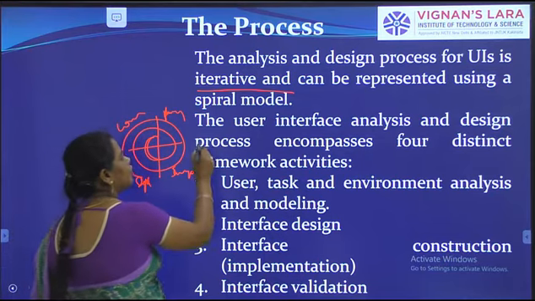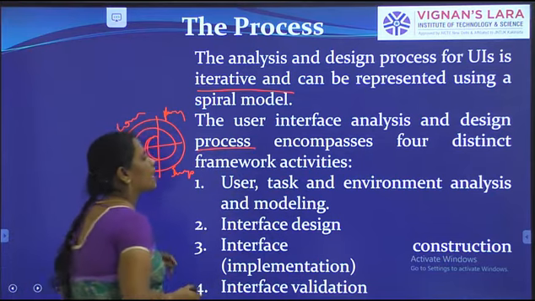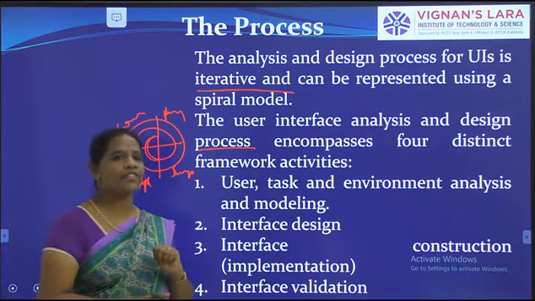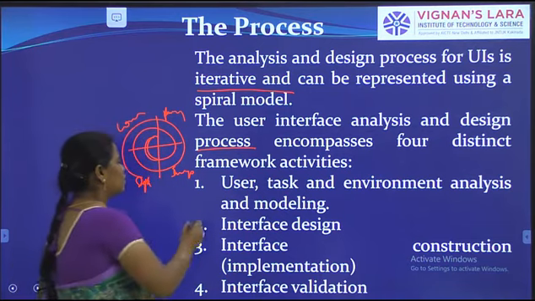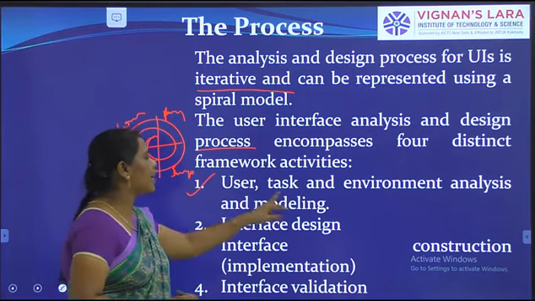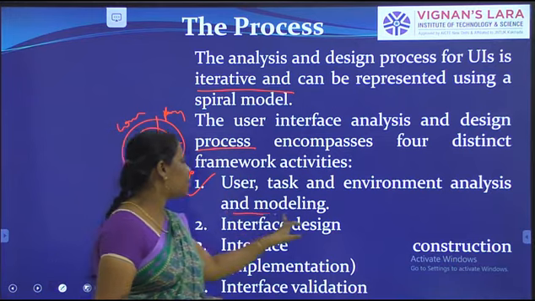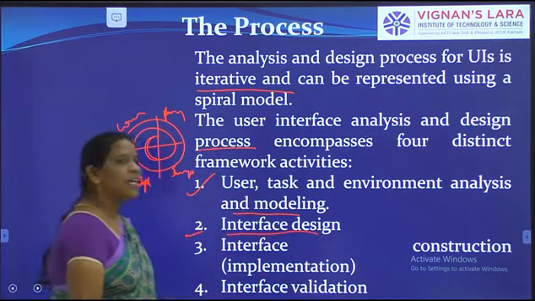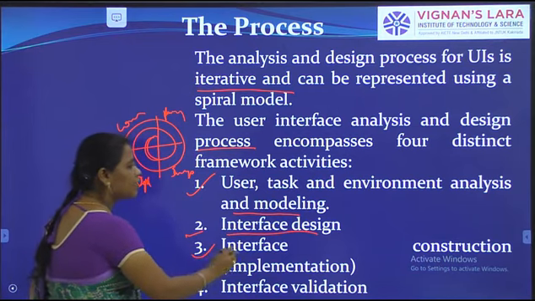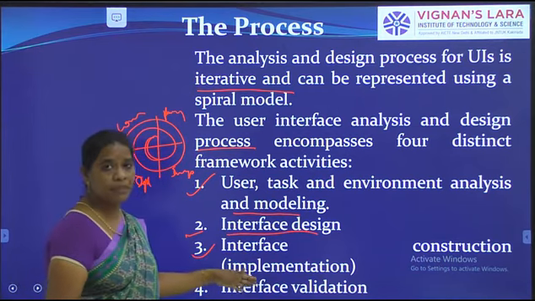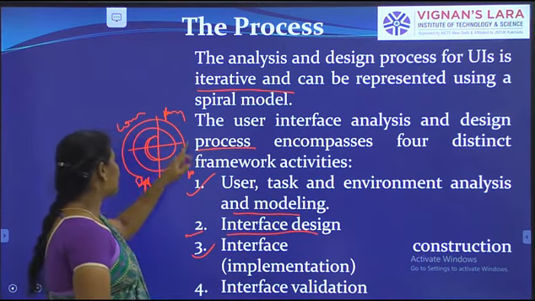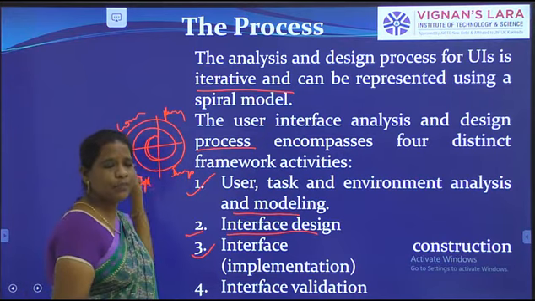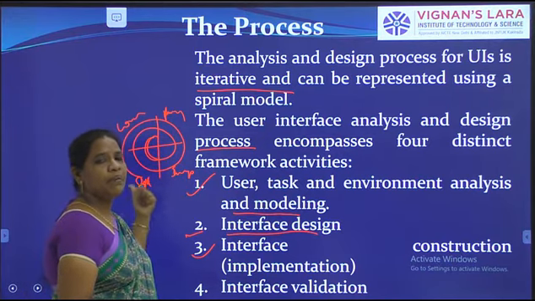So the user interface analysis and design process encompasses four distinct framework activities. What are those? The first one is user task and environment analysis and modeling. Second one is interface design. Thirdly, interface construction, that means implementation. What are the things we have seen in the first unit? Framework activities: communication, planning, implementation and deployment.